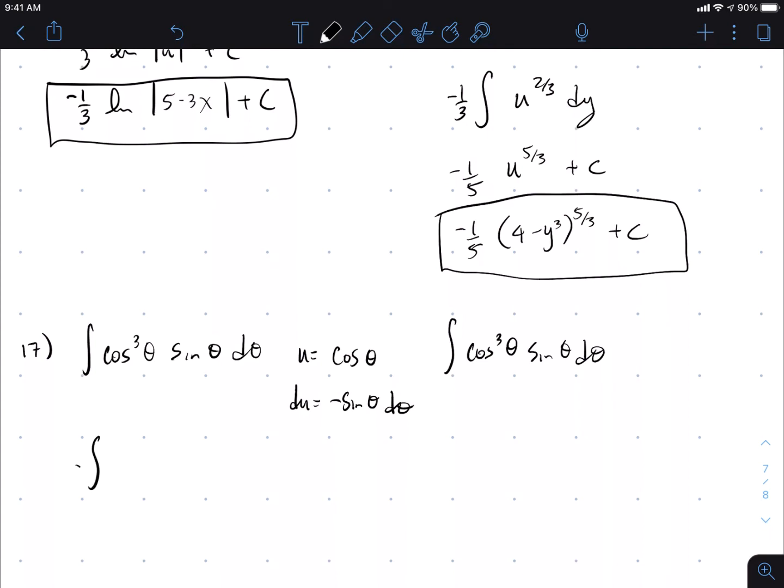So my integral is going to be negative u to the cube d theta, or du. My apologies. Agree? Is there anyone that doesn't agree with what I got there or is confused with what I got there?